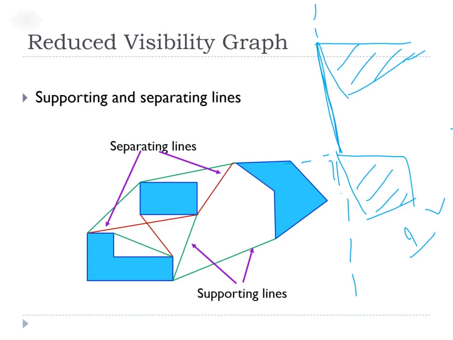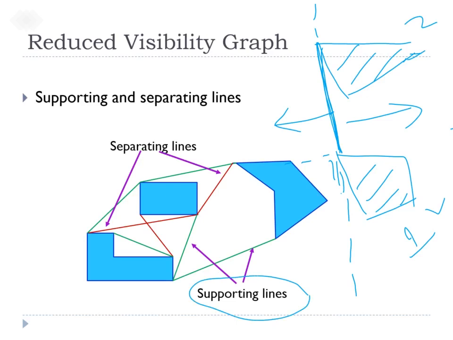So this edge which is falling on this infinite line is dividing the entire region into two parts again, but both the obstacles 1 and 2 fall on the same side of the line. This is known as a supporting line.